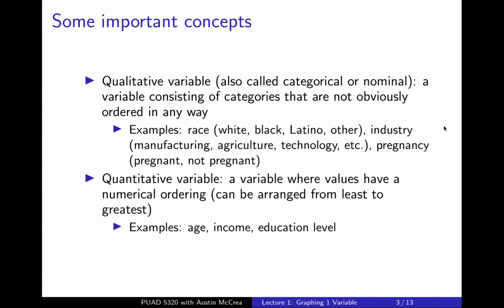Those clearly go from the least level of education to the greatest, but we can't really quantify exactly what that distance is. Is a high school diploma or less the same distance to some college as some college is to a 4-year college degree? It's kind of messy, it's unclear.